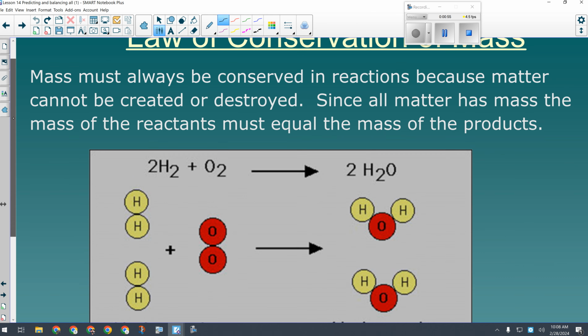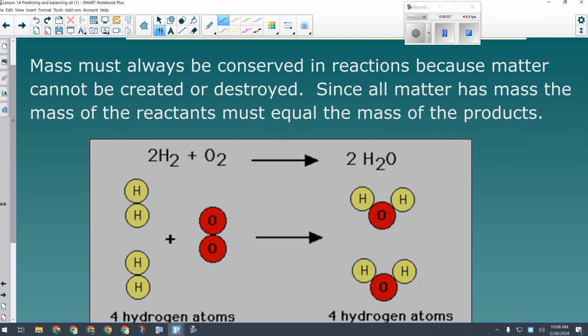All right, so in a reaction like this, or in any reaction, mass has to be conserved. So in this reaction here, on the reactant side, we start out with 2 molecules of hydrogen gas, each molecule containing 2 atoms, so 4 atoms of hydrogen in total. 1 molecule of oxygen gas containing 2 oxygen atoms.